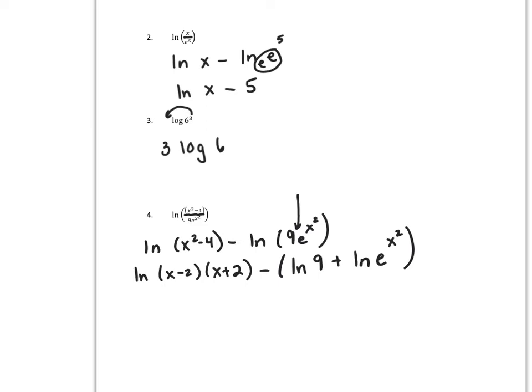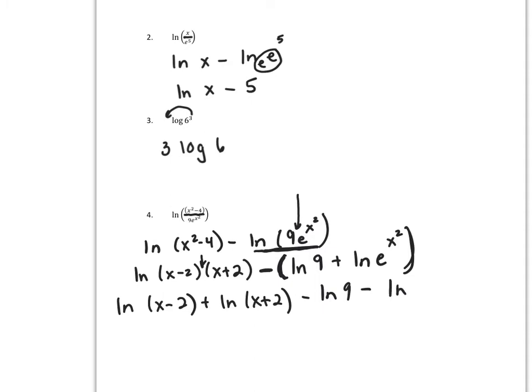Now, when you expanded this second term, it gave you 2 terms. You have a minus out front. That's why I had to put it in parentheses. All right, this is multiplication. So this is ln of x minus 2 plus ln of x plus 2 minus ln of 9 minus ln of e to the x squared.